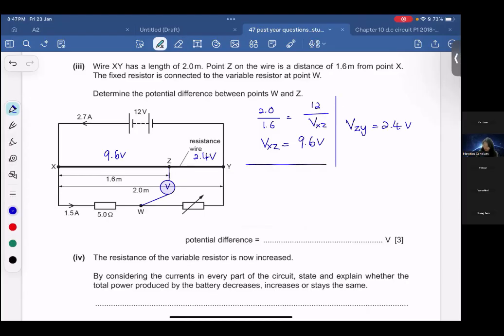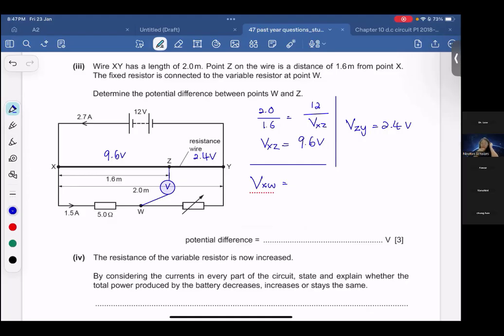Okay, then I should know the voltage across XW, the bottom part at here. Okay, I don't get it. Why use current 1.5 to get the voltage of Z? Z, where is Z? Chonghan, to get voltage Z, you use 1.5?